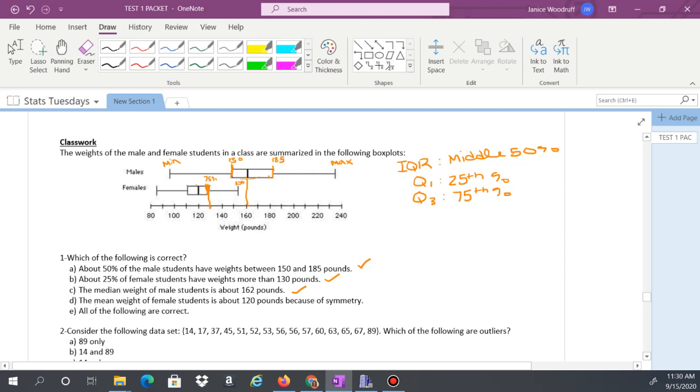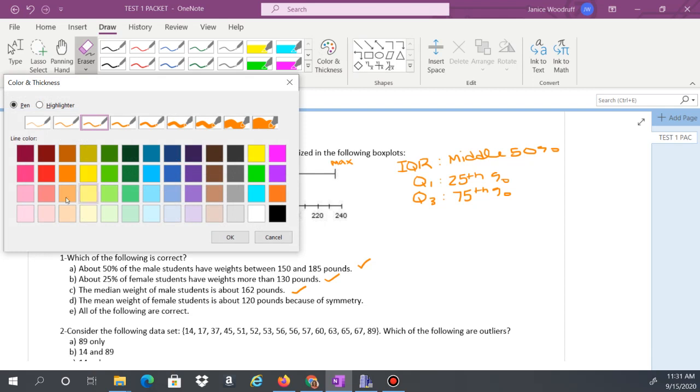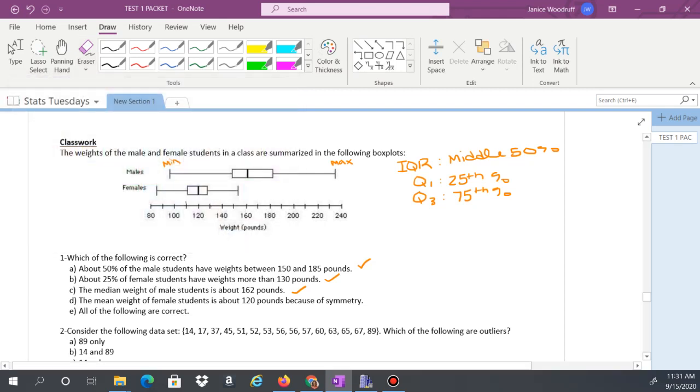The mean weight of female students is about 120 pounds, because of symmetry. If you look at these two boxes, this one is pretty even. It's a little bit more skewed here, but this is not even.